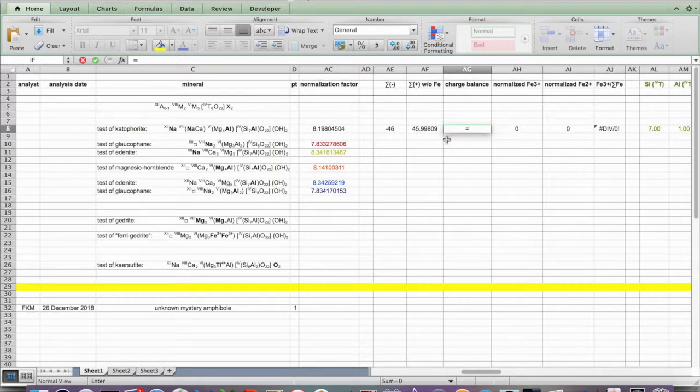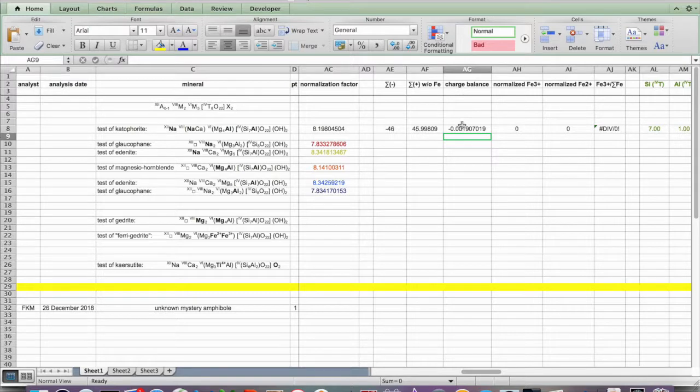In any case, we're going to do the calculation here for the charge balance, and this is a pretty straightforward calculation. It will be the sum of the negative plus the sum of the positive plus 3 times the amount of iron 3 plus, plus 2 times the amount of iron 2 plus.